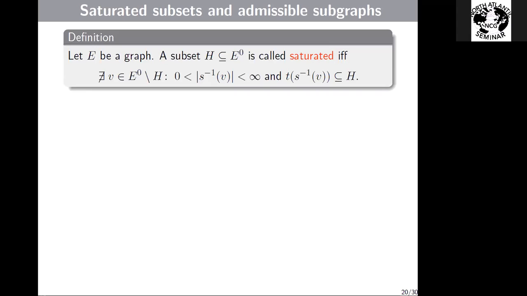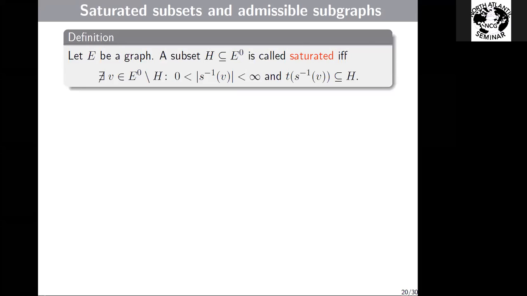So just like we have a closure of a set in topology, which we do by throwing in all limit points into our set, and this way we get a closed set. The same can be done here. If you have a set H which is not saturated, there are some regular vertices which shoot all their arrows into the set, then we should just adjoin this vertex, okay? So you can have a saturation closure of every set.